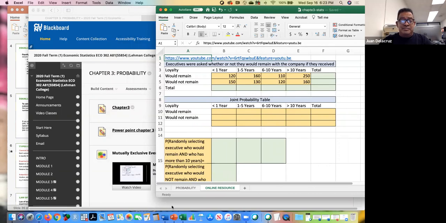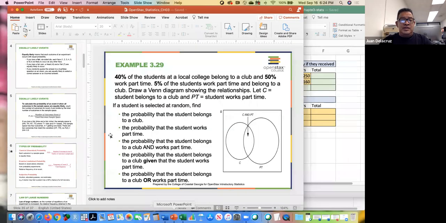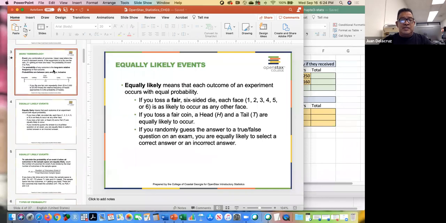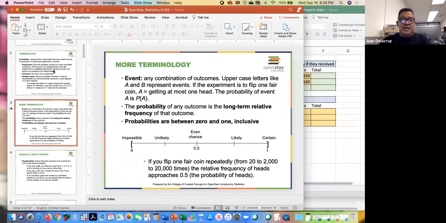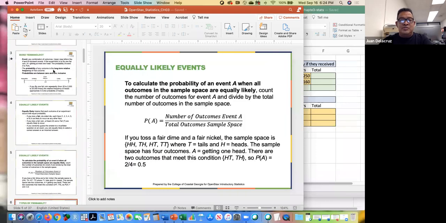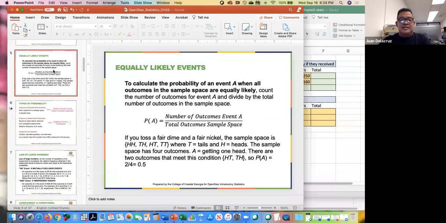So last time we were working on some issues, and I'm gonna just go back. We covered many issues, many of the language that we need to use, the concept of probability, which is basically the relative frequency of an event. So the number of outcomes of event A, for this case, divided by the total outcomes in the sample space.